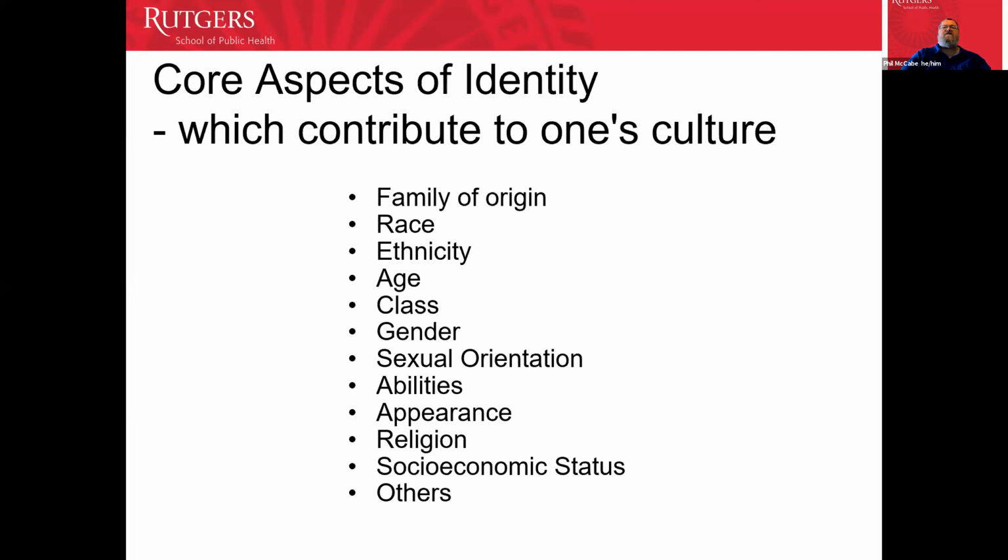For others, our religion, our socioeconomic status, our sexual orientation, our race, our family of origin may be more significant or have a greater influence in our personal lives. That doesn't mean that for other individuals, they also rank these in the same order. This is not in a particular order, but just showing the diversity of core aspects of identity and recognizing that individuals will have a different approach to each of these aspects of their identity.